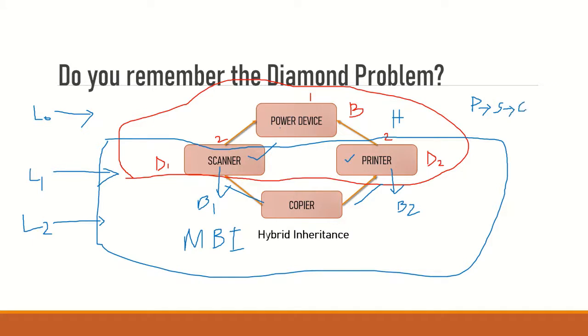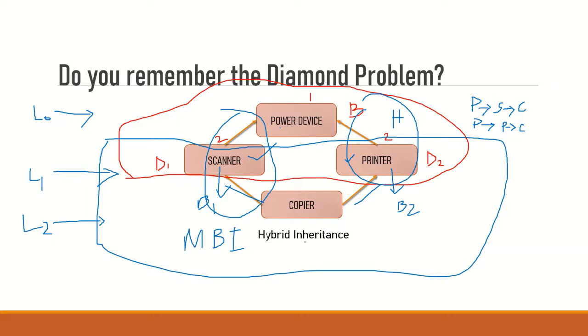This is path 1. Another path is also possible: the power device class is inherited to the printer class, and then again inherited to the copier class. So we can say the copier class has two different copies of the power device class, one through this path, another through this path.